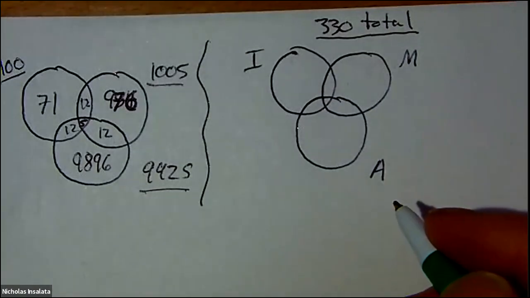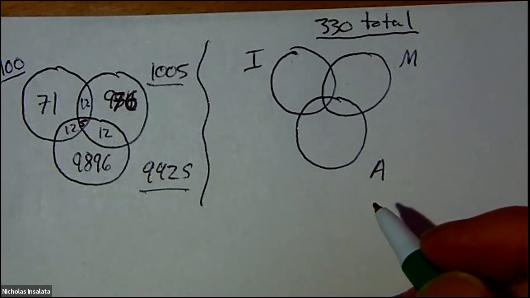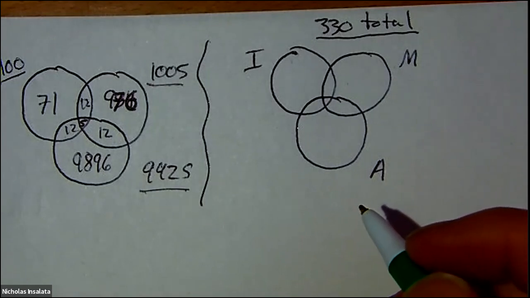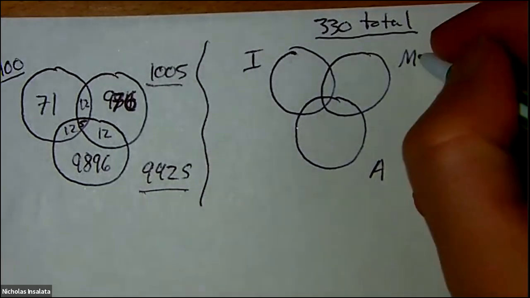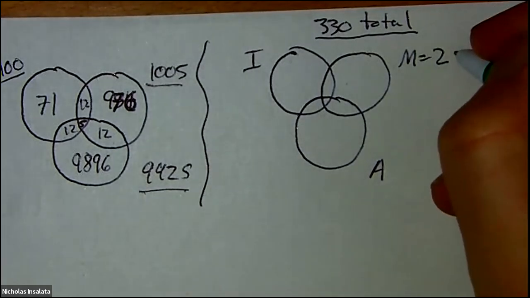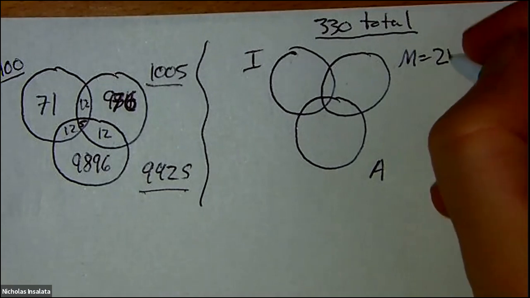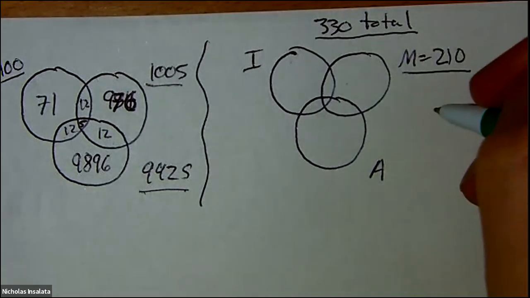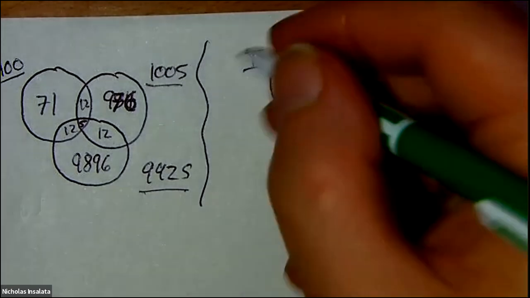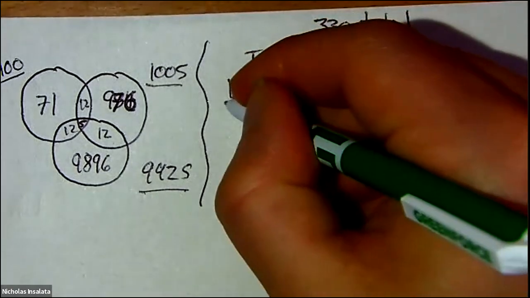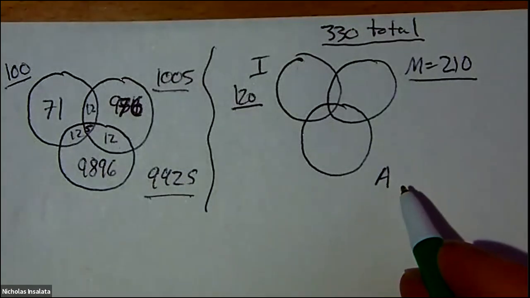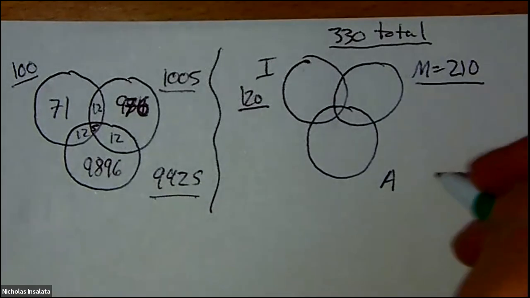So we know that in the Mexican category, we have 210 total. In the Italian region, we have 120 total. And in the American, we have 220 total.